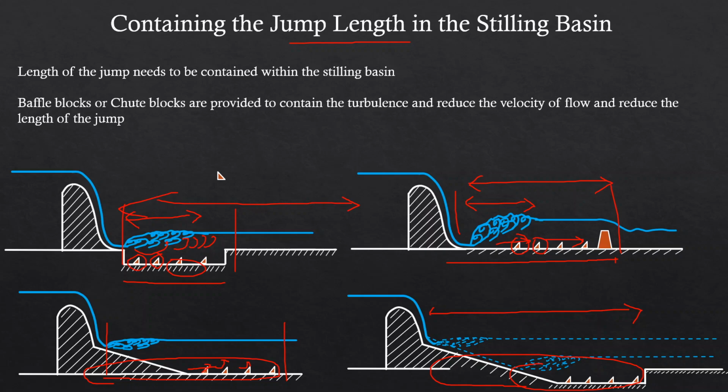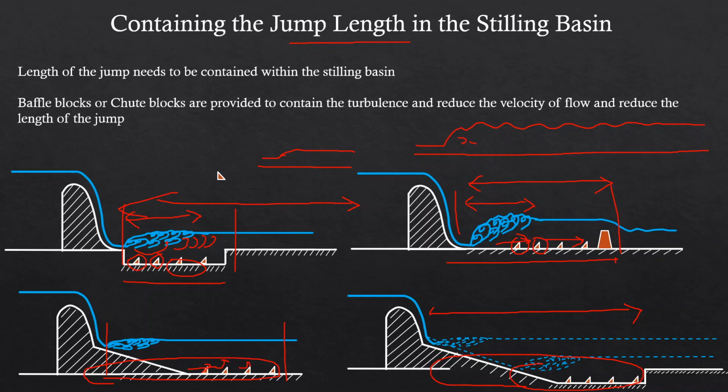Another problem is, we are not going to address it here. That is, what kind of jump will form. We have discussed weak jump, strong jump, steady jump, oscillating jump, and so on. If the jump forms like this, if it continues for a very long length, then that kind of jump is not suitable actually.